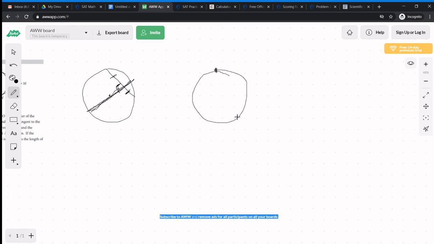But this one you probably do need to worry about. This one, if you have two tangent lines that meet up at a point, you can split it down the middle. And because they're tangent to a circle, by the way, any line that's tangent to a circle only hits it at one point, is perpendicular like this.